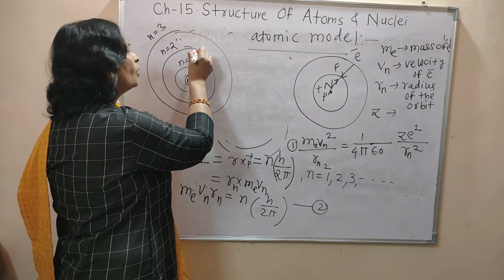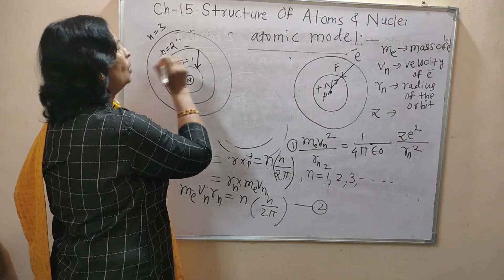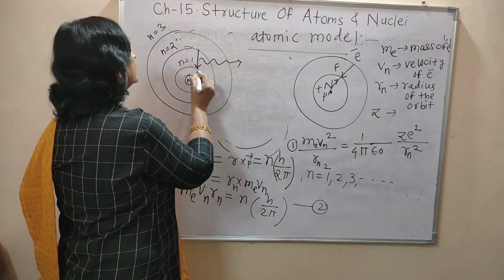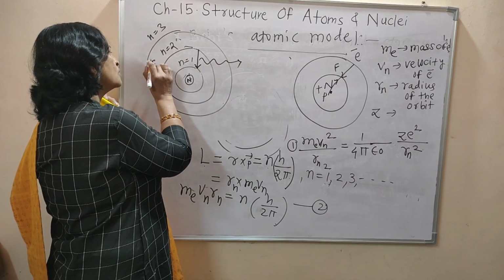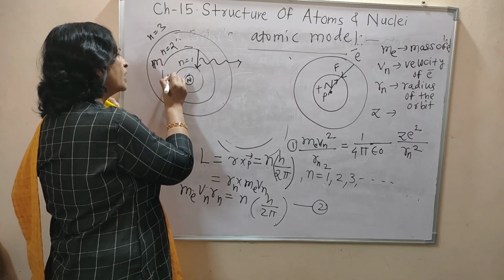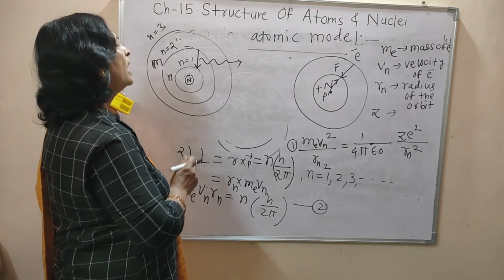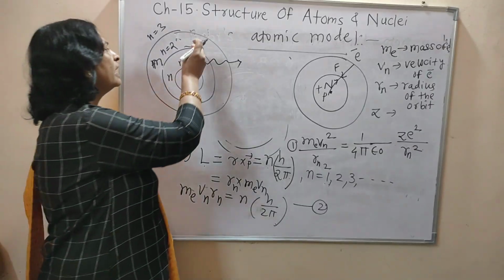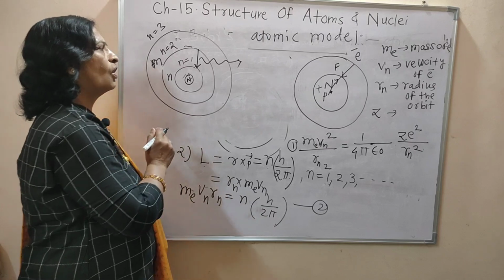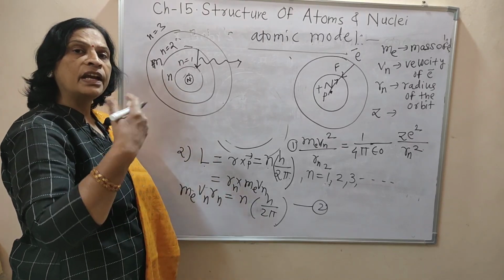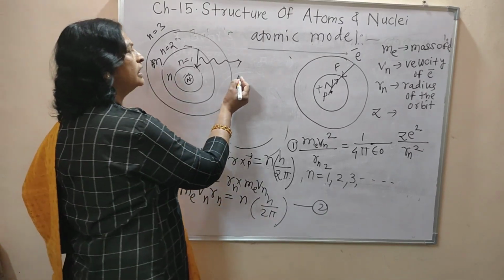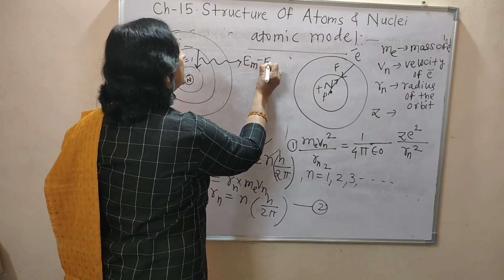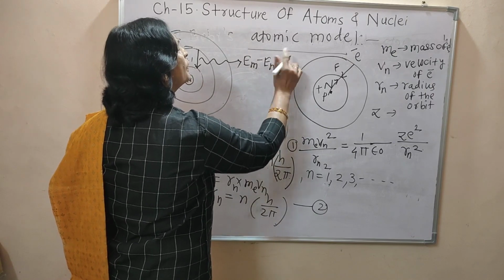And when the electron jumps from higher energy to lower energy, meaning second orbit to first orbit, at that time the higher energy orbit is called the mth orbit, and the lower energy orbit is called the nth orbit. When the electron jumps from the higher energy orbit to the lower energy orbit, it radiates energy, and that is nothing but the difference between the two energies, which is equal to the energy of a photon.